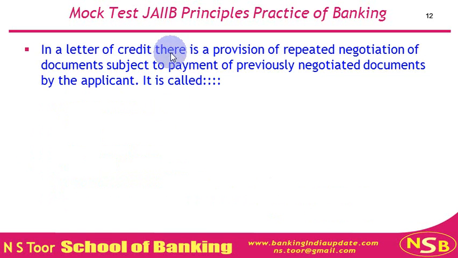In a letter of credit, there is a provision of repeated negotiation of documents subject to payment of previously negotiated documents by the applicant. So such a letter of credit is called. Let us see what our options are.